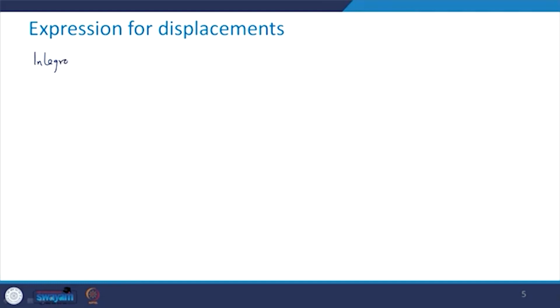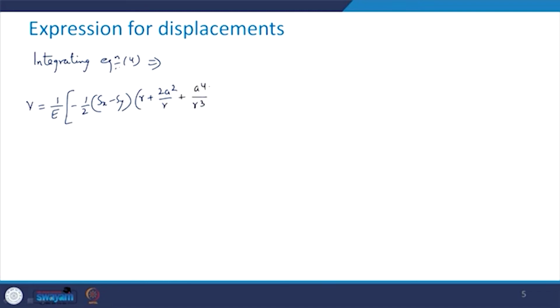Integrating equation number 4, what we will get is v is equal to 1 upon E, minus half (Sx minus Sy)(r plus 2a square upon r plus a to the power 4 upon r cube) into sine of 2 theta.